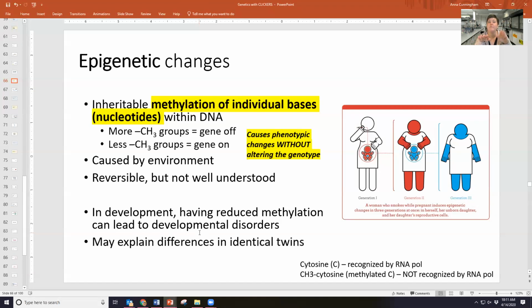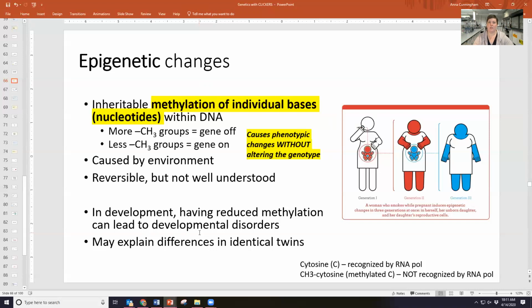But one of them has anger management issues and possibly bipolar disorder, and the other doesn't have this issue. So what caused this one to have that phenotype and this one to not?